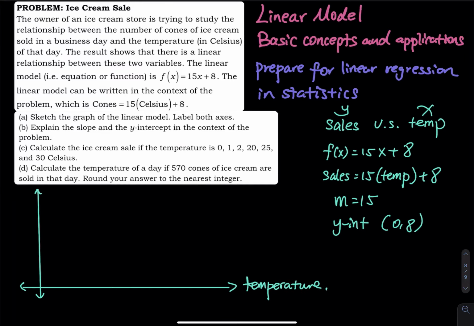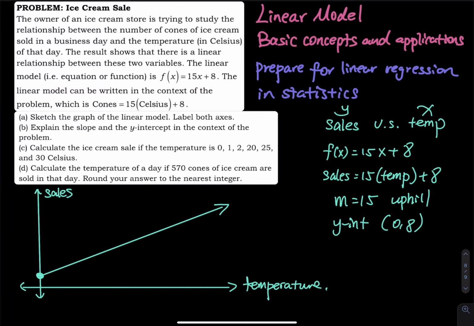And then the vertical axis, the y-axis, I am going to call sales. All right, and then (0, 8) is right here, and m equals 15. So the line is going uphill, looks like that. So this is the graph of the linear model.